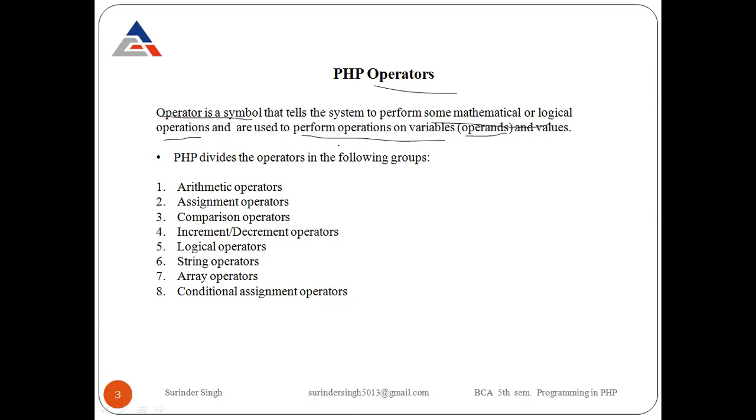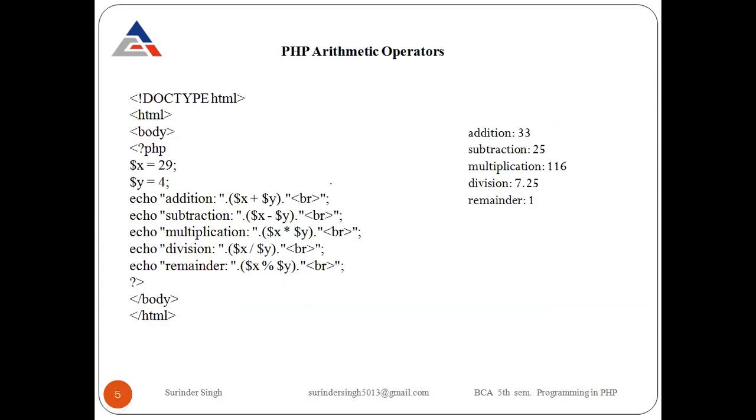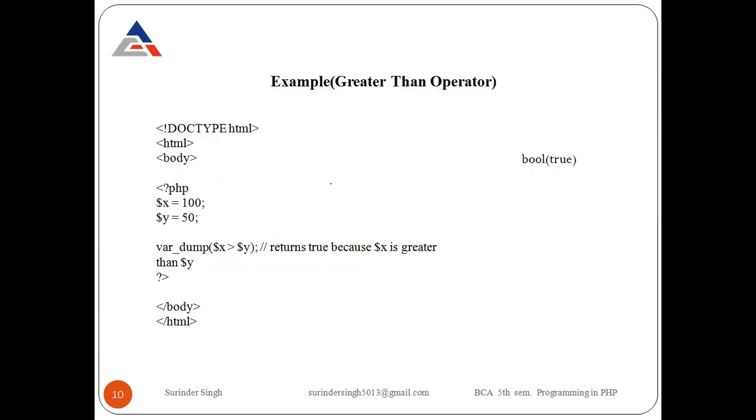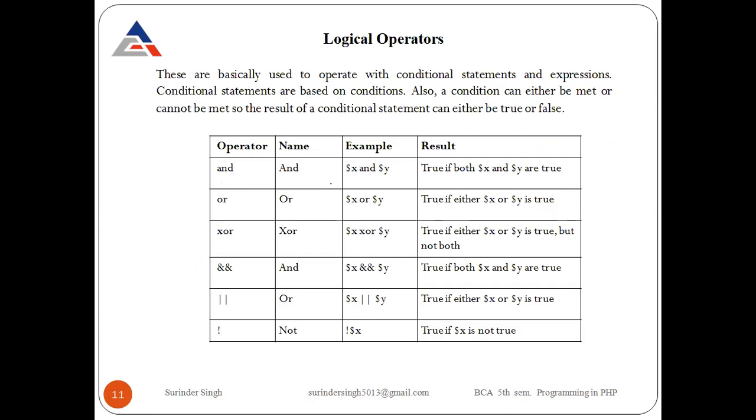In PHP, we also have operators which we can just write as we write English letters. You can see here logical operators. These are symbols, but we also have these kind of operators.